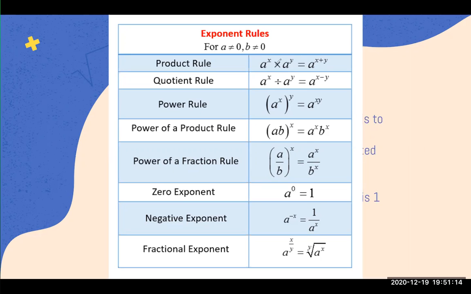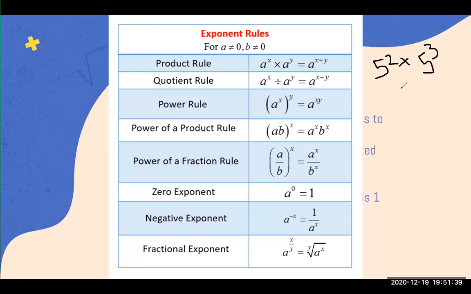So let's say you have 5 to the power of 2 times 5 to the power of 3.